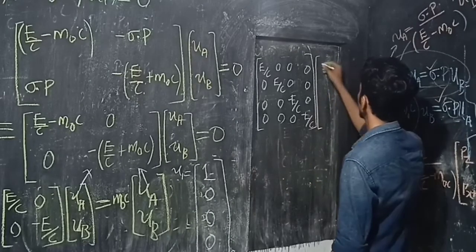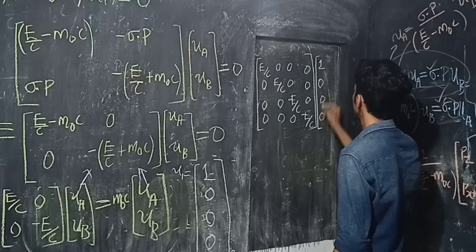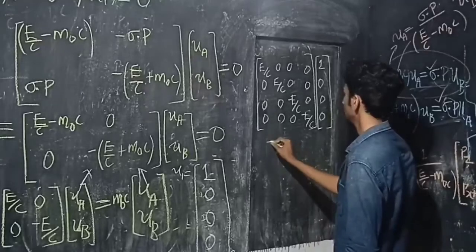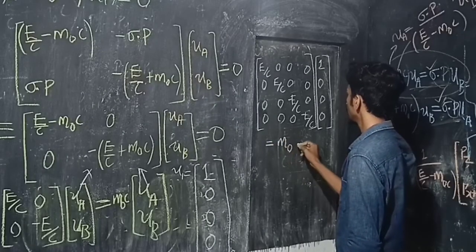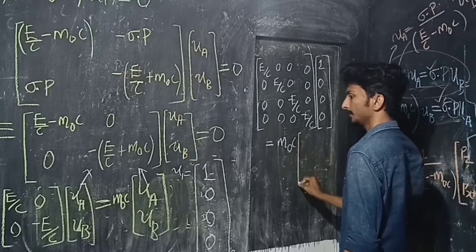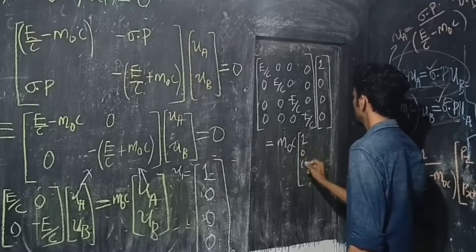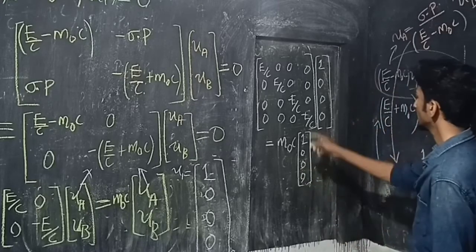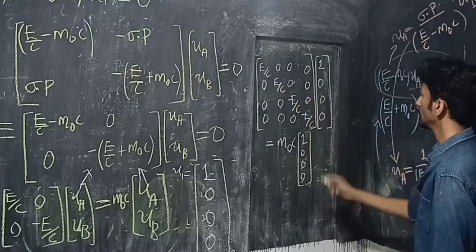The U1 spinor is 1, 0, 0, 0, and that is equal to m naught C times 1, 0, 0, 0. So from this equation you can simply find the energy associated with the U1 spinor.